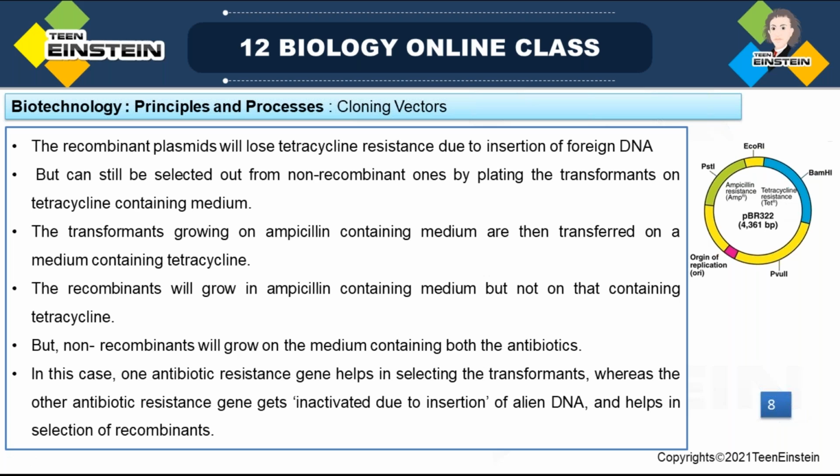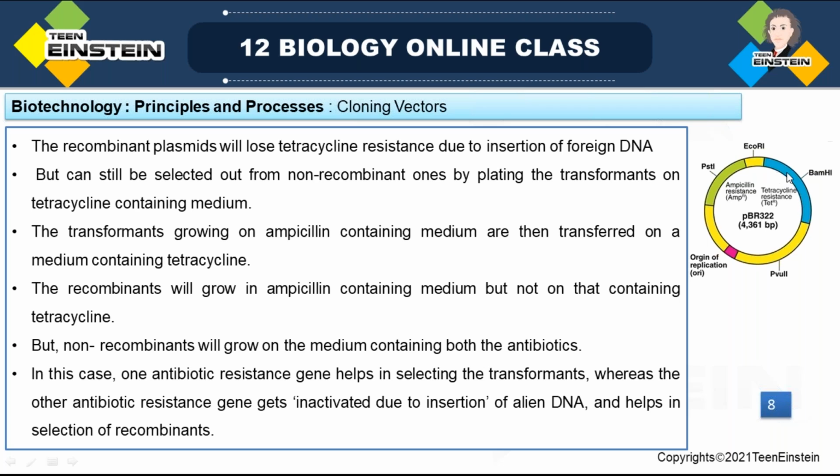Isn't it? Then, due to that insertion of the foreign DNA, that recombinant plasmid will lose the tetracycline resistance. You know that the tetracycline resistance gene is present here, right?